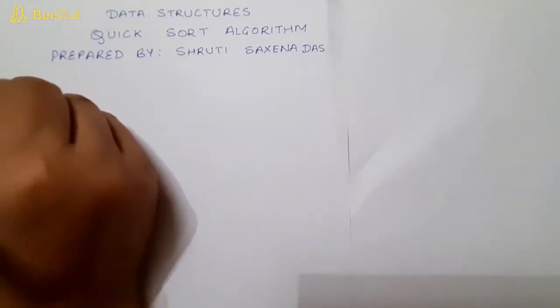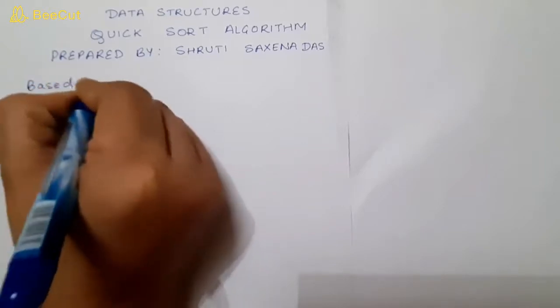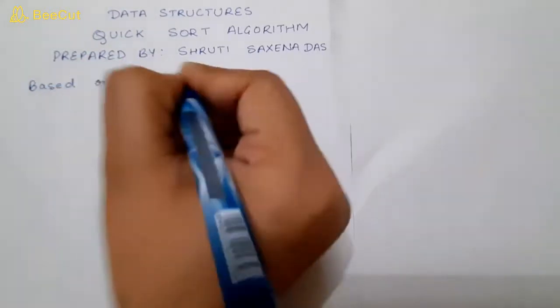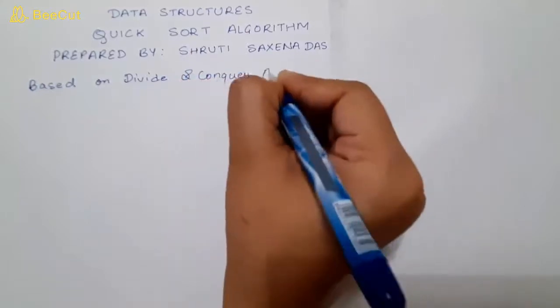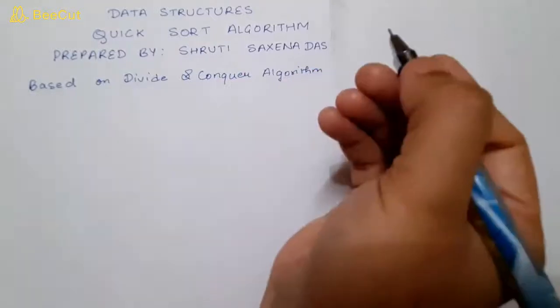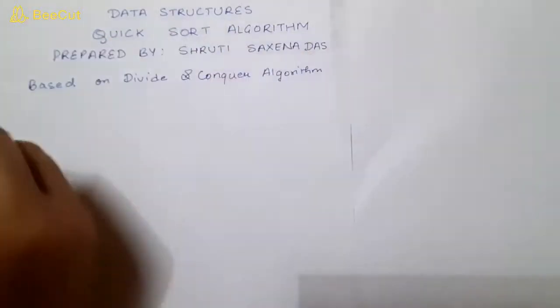You need to remember that this is based on the divide and conquer algorithm. So you need to divide or partition the given array, and then apply this algorithm.